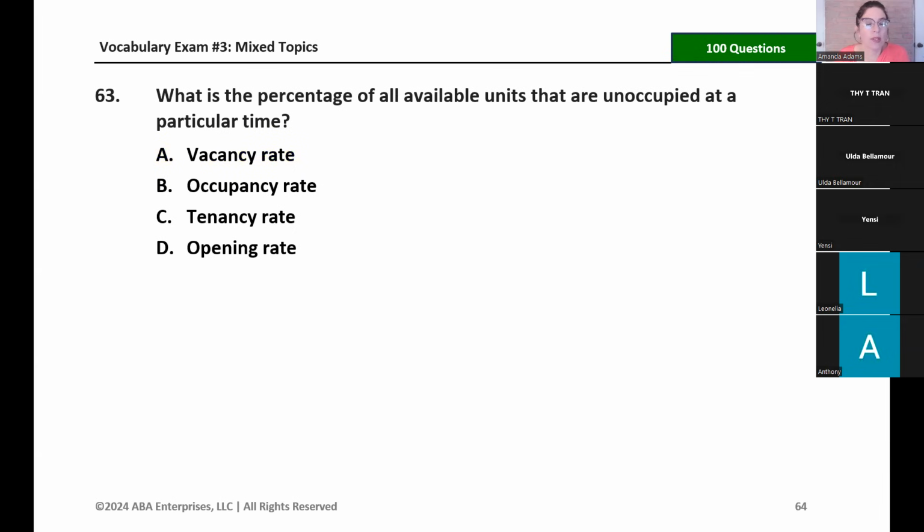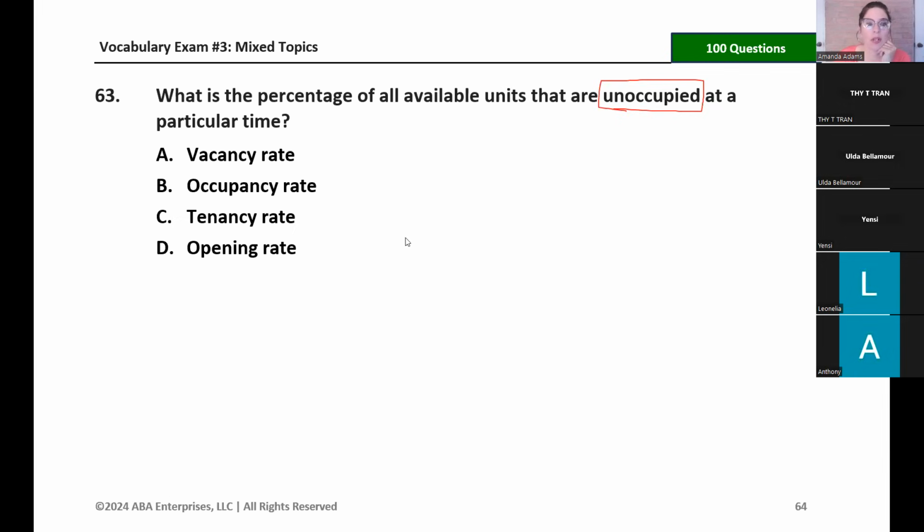Number 63, what is the percentage of all available units that are unoccupied at a particular time? Unoccupied. So how many units do you have available that are open and unrented?